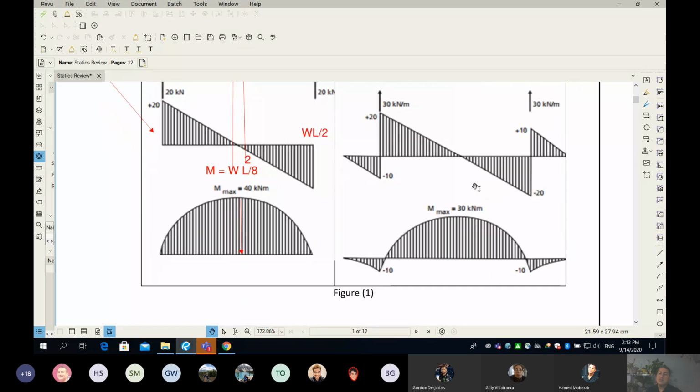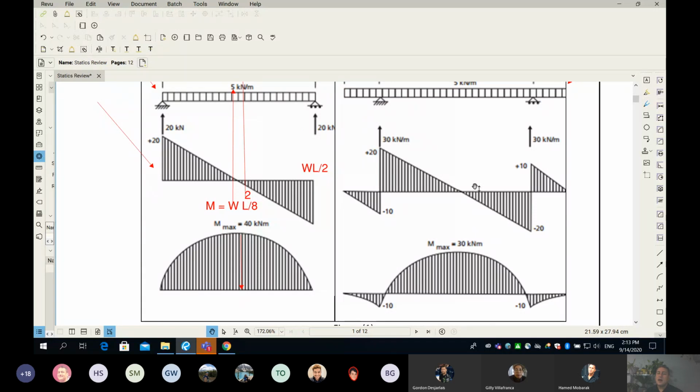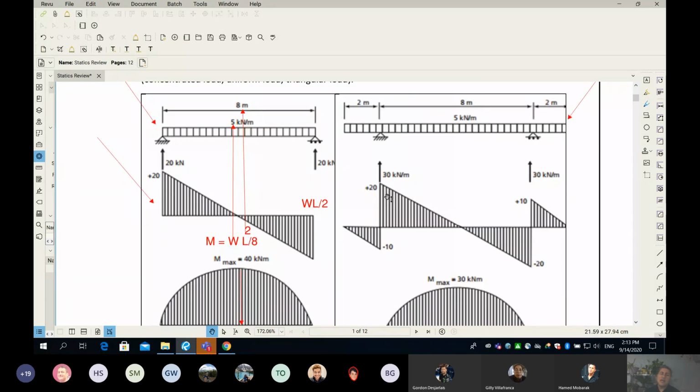In this case, it's very similar, but your parabola will be hung not from the 0, but from the moment at the cantilever. So guys, when you try to think about this one, this is how I personally do it. I want to find the moment here on top of the support.